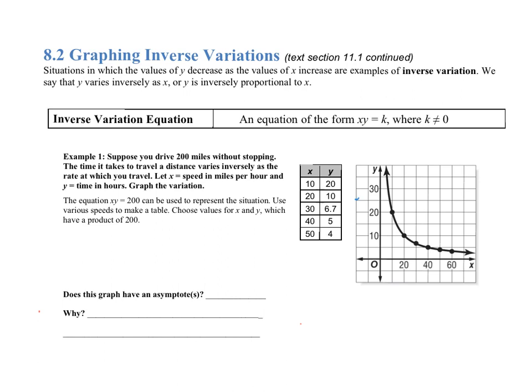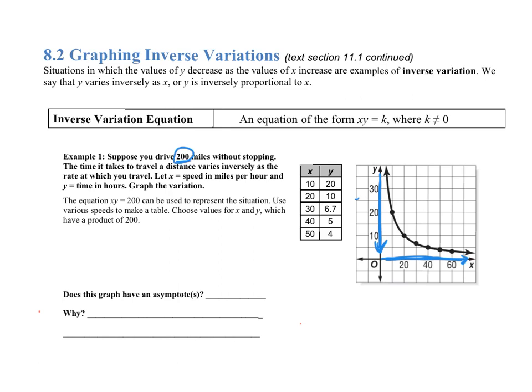The way that's going to look is that as my speed gets bigger and bigger, my time is going to get smaller and smaller. The faster I go, the bigger the number for speed, the lower the number I'm going to have to use for time to maintain that constant of variation of 200.